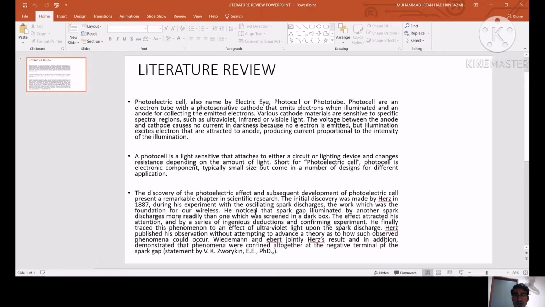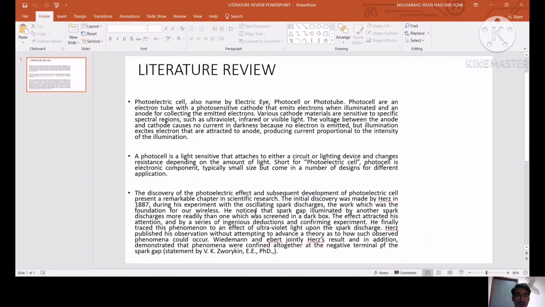The voltage between the anode and cathode causes no current in darkness because no electron is emitted. But illumination excites electrons that are attracted to the anode, producing current proportional to the intensity of the illumination.